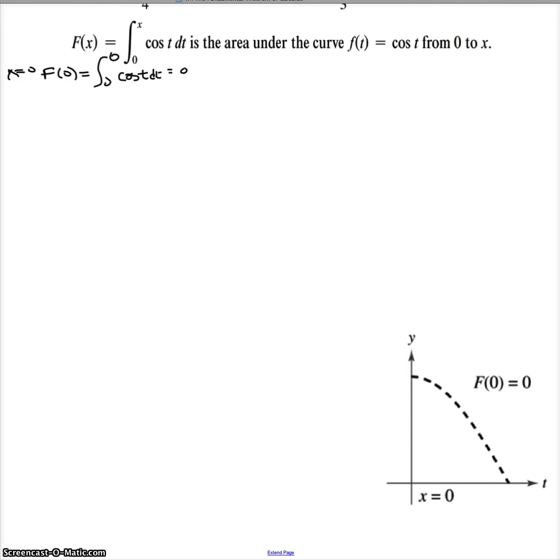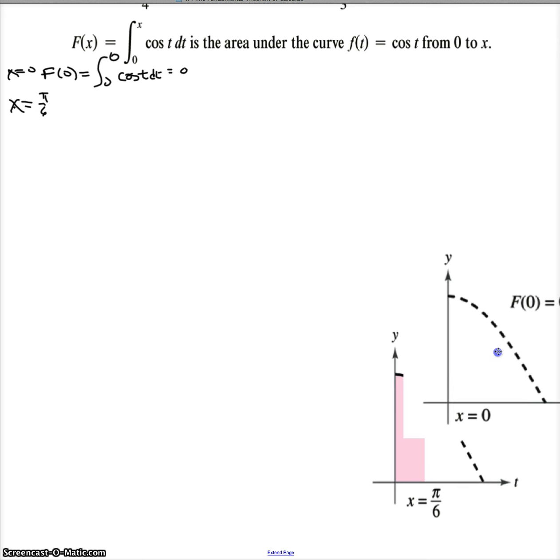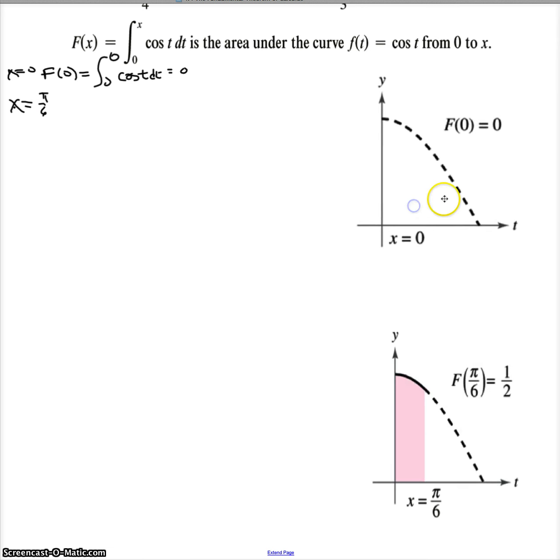So what happens now if I decide to let x equal, oh, I don't know, let's try pi over 6? What will this look like? Let me move this up. I'm going to come down here to pi over 6, and it's going to be this area right here, or it'll be about 1/2.